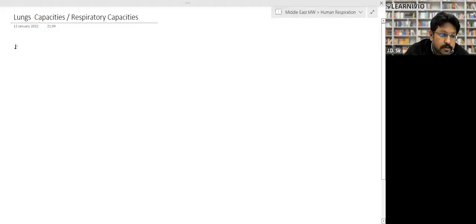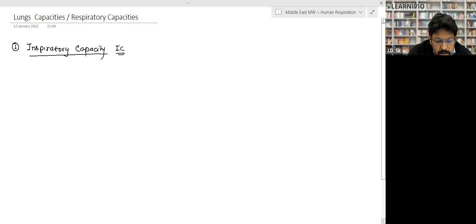First is inspiratory capacity. Inspiratory capacity is called IC. So what is IC? Note it down.